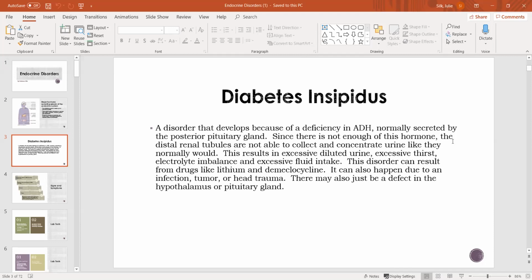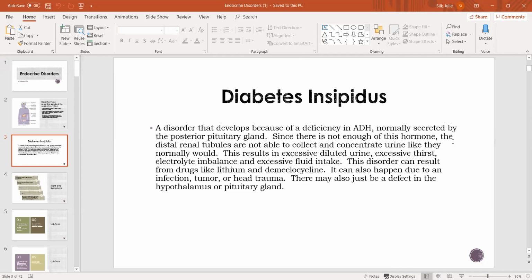So with this particular disorder, it's not real common. It's very rare to see this. Some of the possible causes would be things like maybe someone had a head trauma or brain trauma, where something happened to them and they got some kind of brain injury. That could cause this.